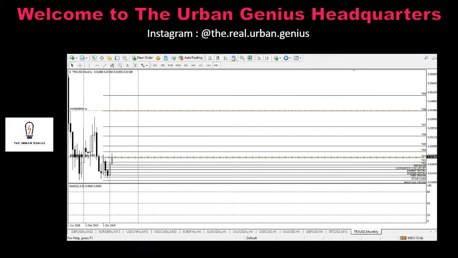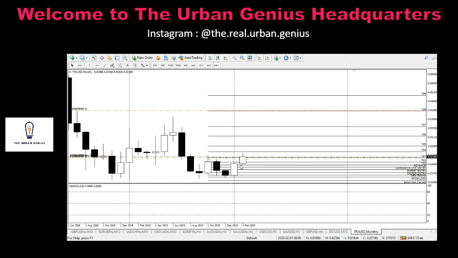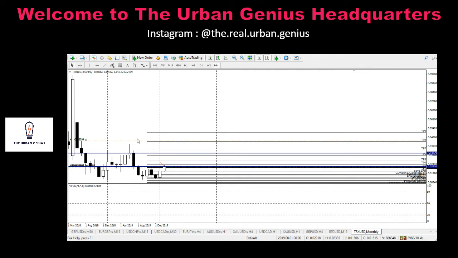Also, based on this monthly chart, we look at price action, and this is a bullish candle. There's nothing over here to the left that would end this bullish run other than this area here, or these areas up here, which is why those are my TP areas.